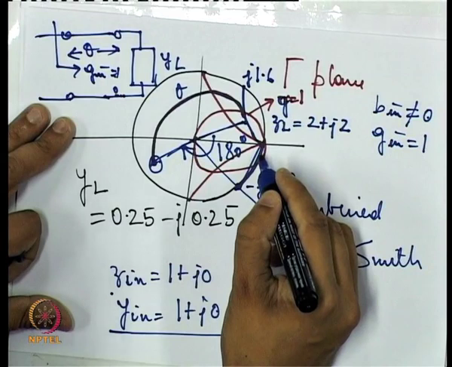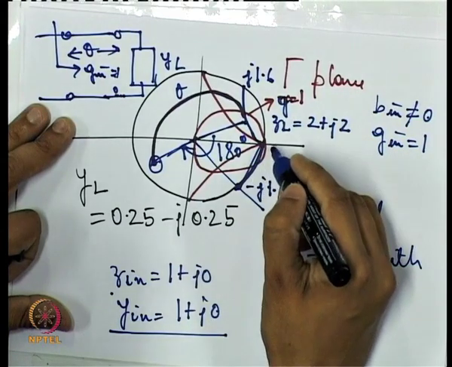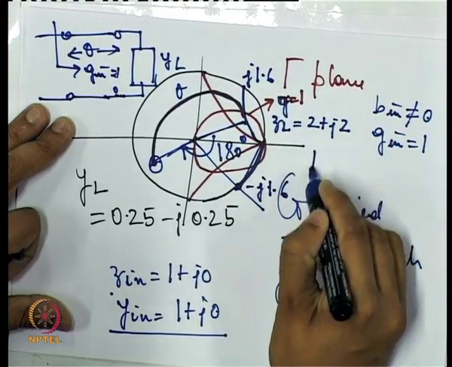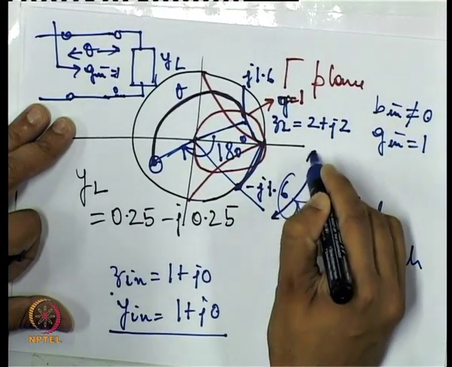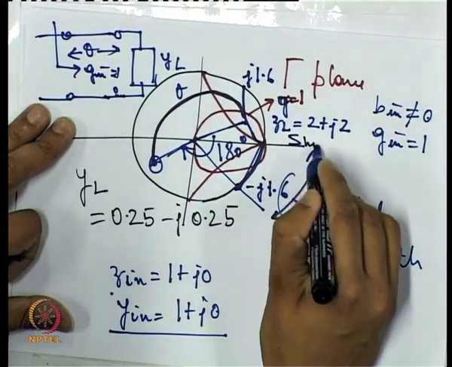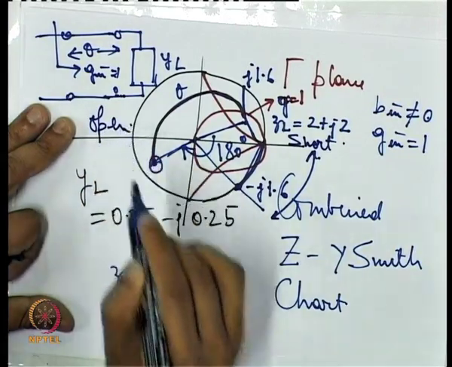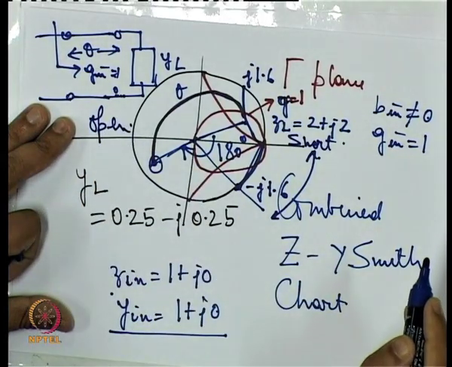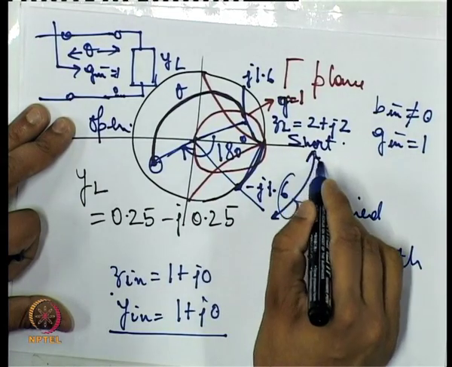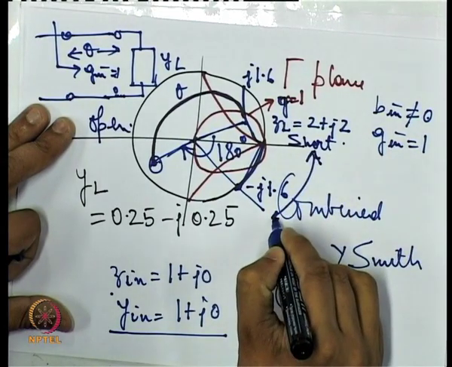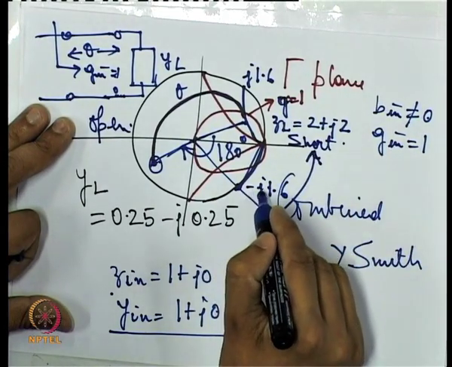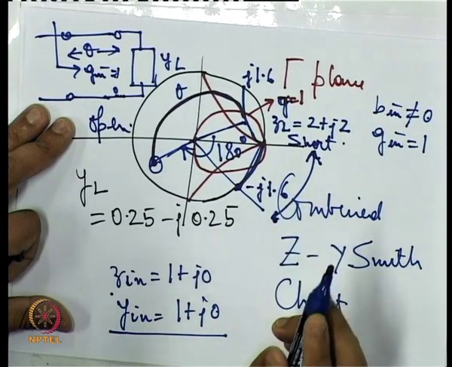If I am using a shorted stub, then I would have to calculate the distance from this point, because this point corresponds to short on the gamma plane and this point corresponds to open on the gamma plane. So this is the length of the shorted stub that I would need to achieve minus J 1.6 susceptance.